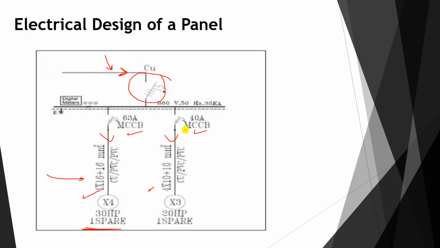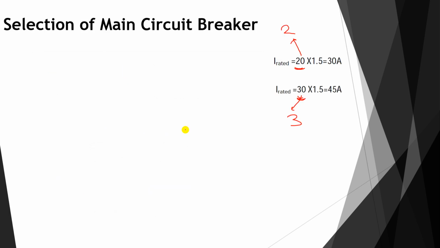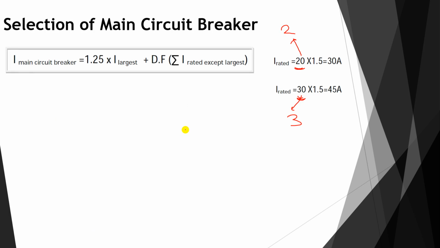There is a rule that we use to get the main circuit breaker. The current of the main circuit breaker equals 1.25 multiplied by the largest current in the system, or the largest branch in the system, plus the diversity factor multiplied by the rest of the currents except the largest one which we have used here. First, what does a diversity factor mean?